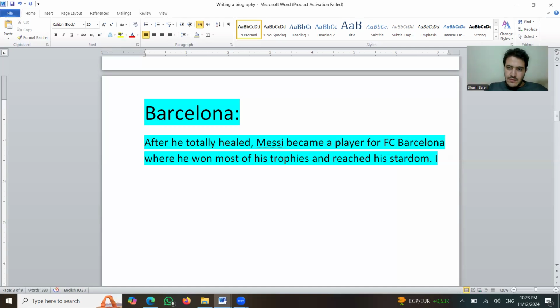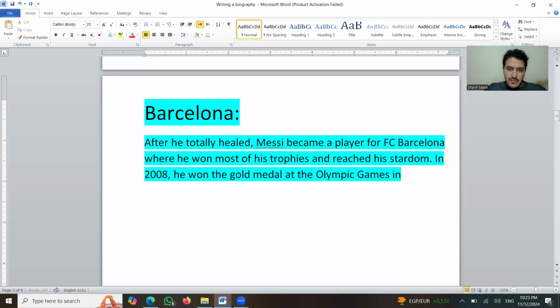We can say in 2008, he won the gold medal at the Olympic Games in Beijing with the Olympic national team, the national team of Argentina.